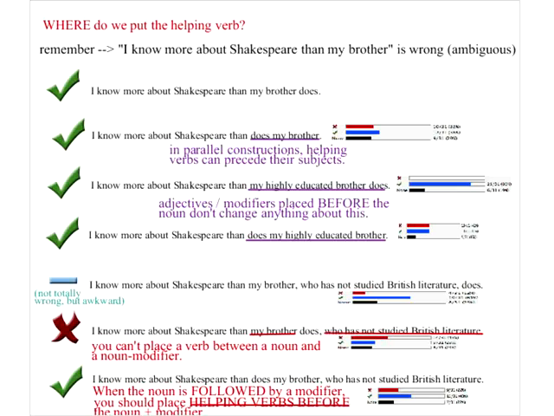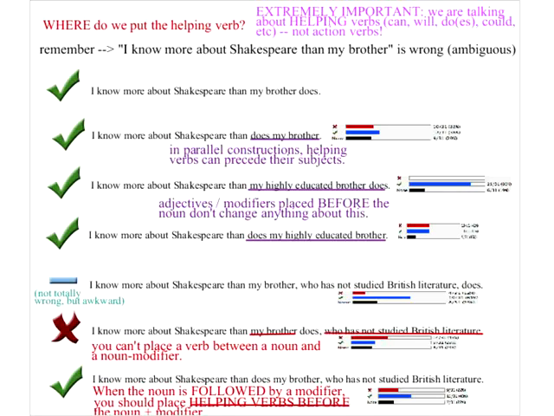Notice this is just helping verbs. Extremely, extremely, extremely important. We're not talking about other verbs. Helping verbs like can, will, does, do, could, etc. Not action verbs.